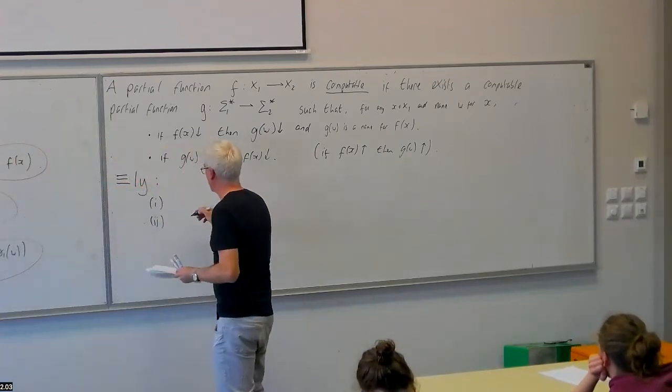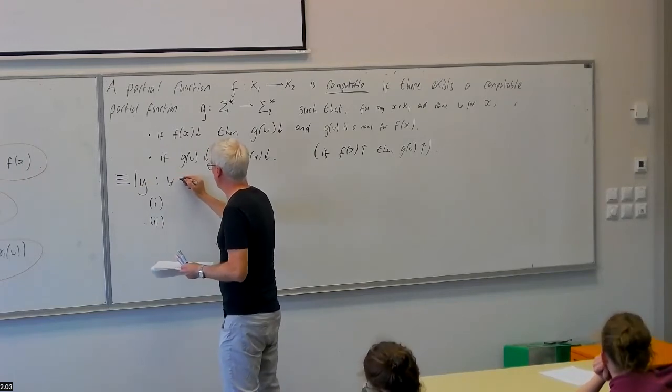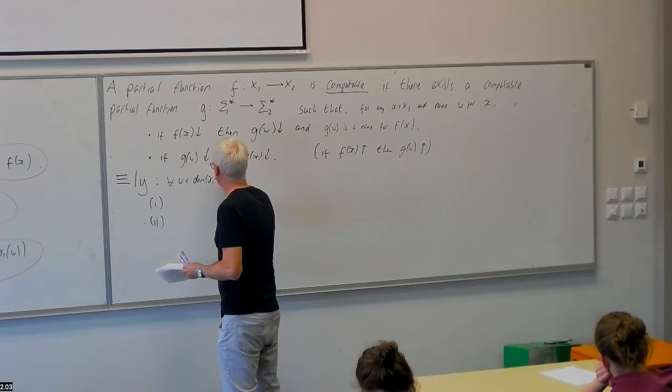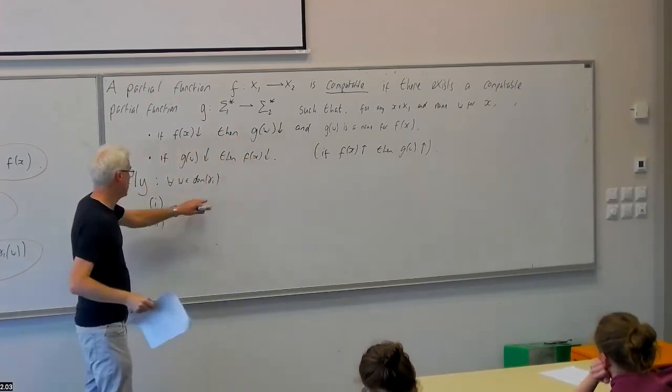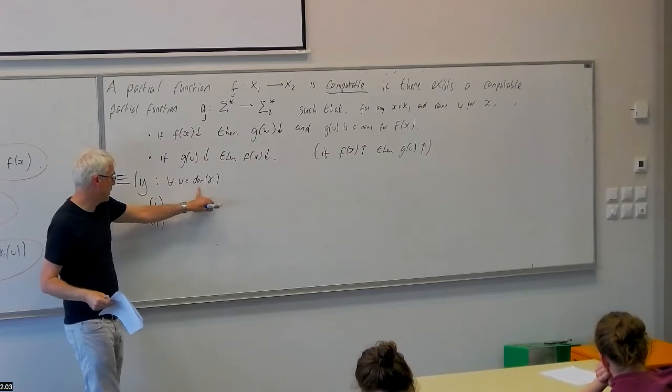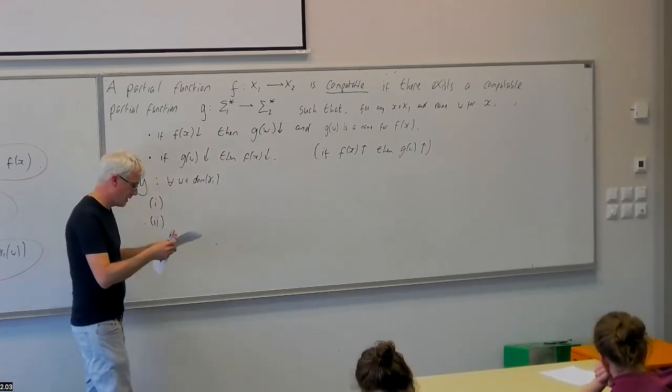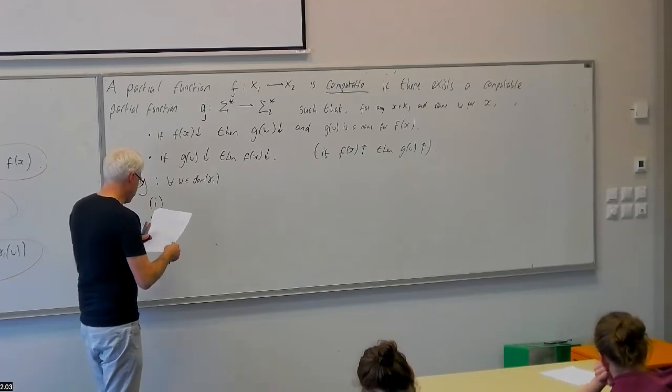So equivalently, for all words w that are names of elements of X1, in other words, for all words in the domain of the representation function, we require two points.